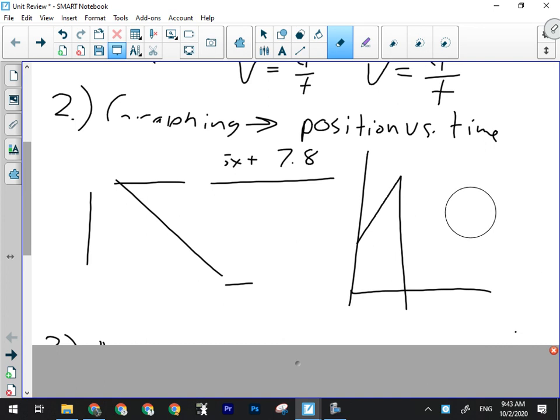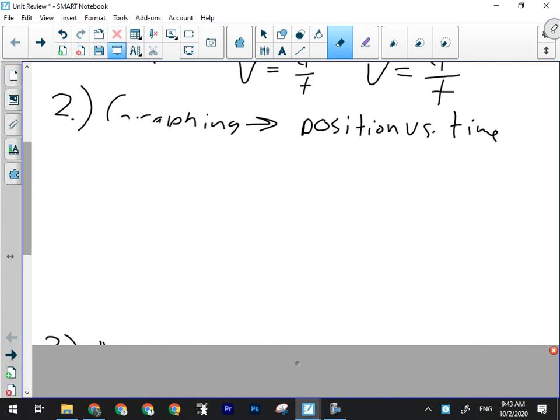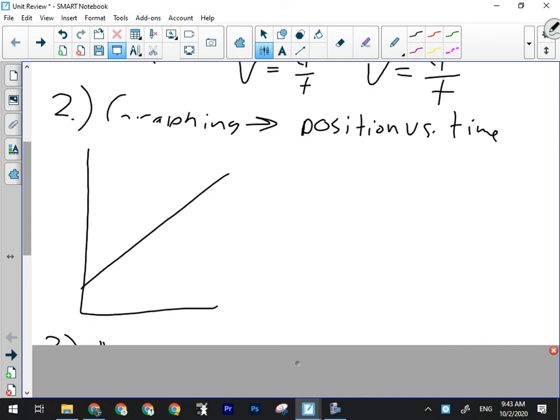Okay? You're also going to have a velocity versus time graph problem on there. Okay, so if I had a velocity versus time graph that looked like that, which is exactly what our graph looked like in the acceleration lab, okay, I would probably give you this again.